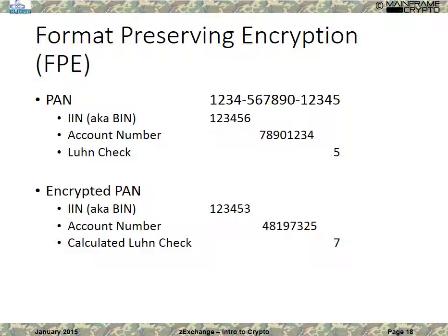So it's performed against the 1234534819732 as opposed to just using the original Luhn check value. That way, that calculated Luhn check is a valid value for this ciphertext. So if your application is checking the Luhn check value, it will still work even though the credit card account number has been encrypted. So there's some definite advantages to using FPE.